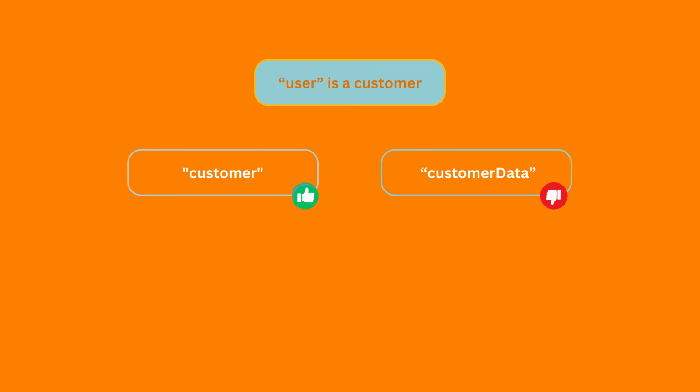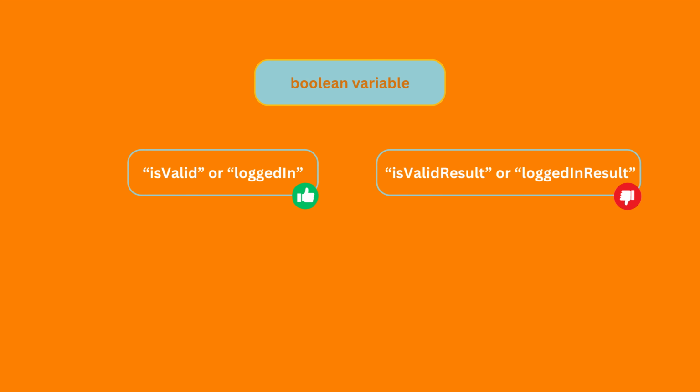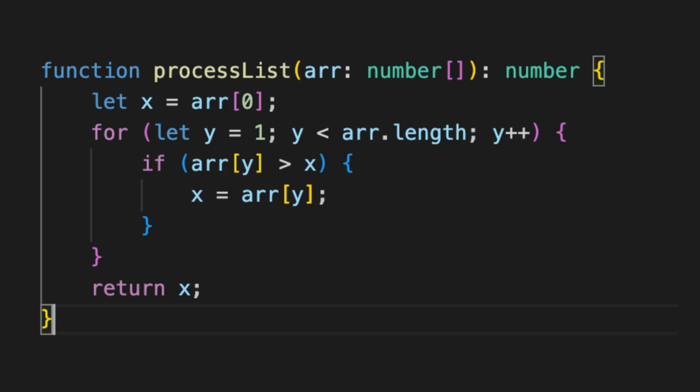Or if a boolean variable is named as is valid or logged in, then it's a good name. But if we write these names as is valid result or logged in result, then result is considered as extra information. As it is just extra information, it's not making the variable name any clearer or more understandable. Now let's transform the example displayed on the screen to clean and readable form.